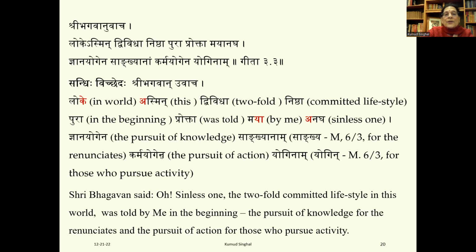Again, karma yogena, this is tritiya vibhakti eka vachanam, the pursuit of action. Yoginam, this is again shashti vibhakti bahuvachanam, and the pratipadikam is yogin. It is a masculine pratipadikam. So yoginam is those who pursue activity.